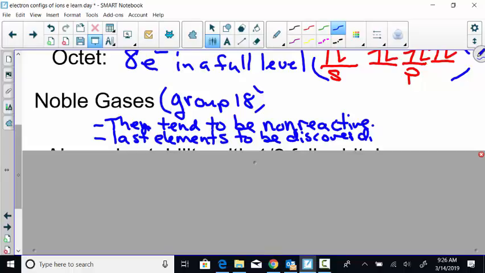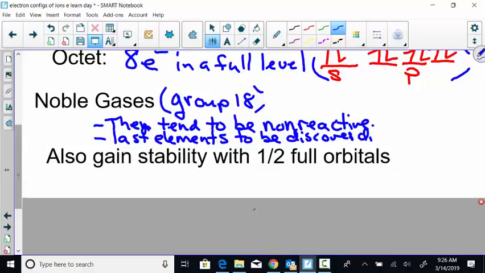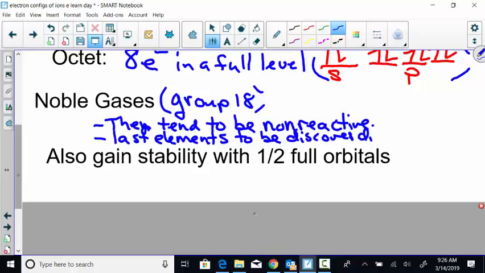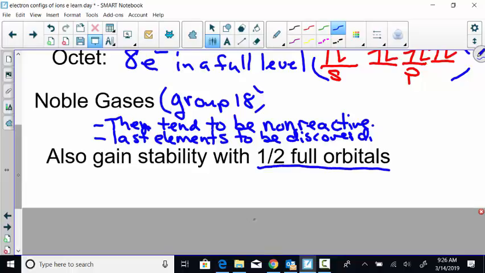Because of that fact, chemists started realizing that we like to get to this octet configuration.